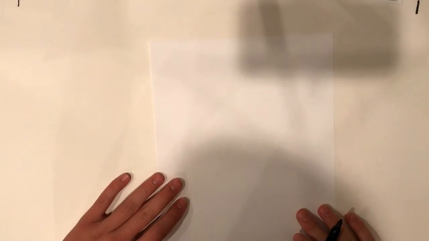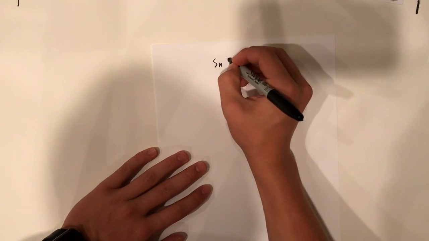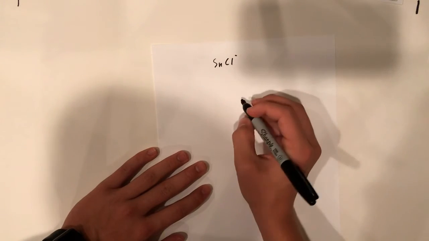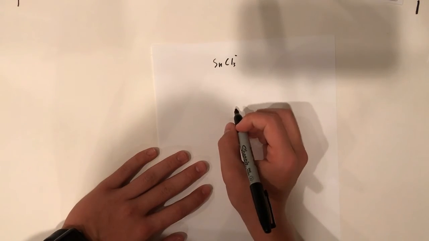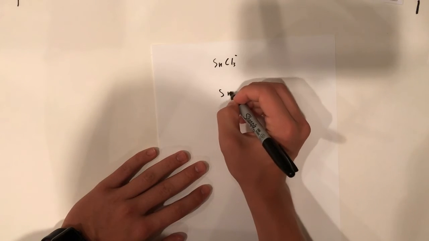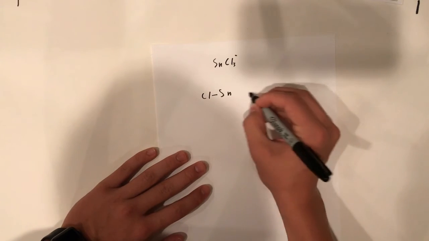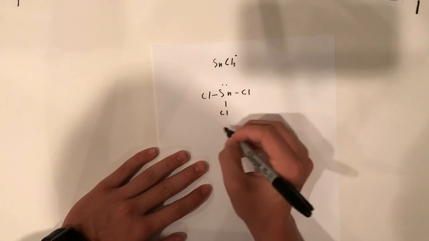Another example that we can do is predict the molecular geometry of the molecule SnCl3 minus. So the first step is always to draw the Lewis structure, which is Sn surrounded by 3 Cl atoms and a lone pair.